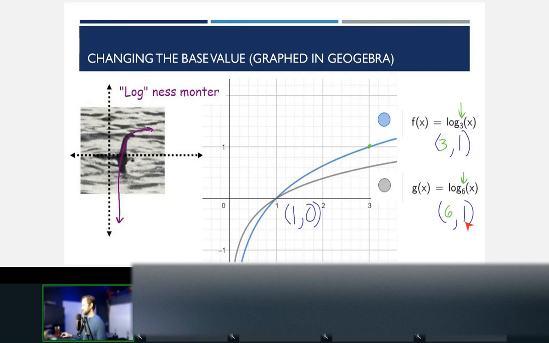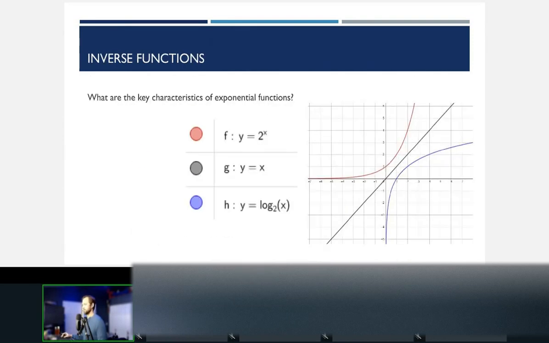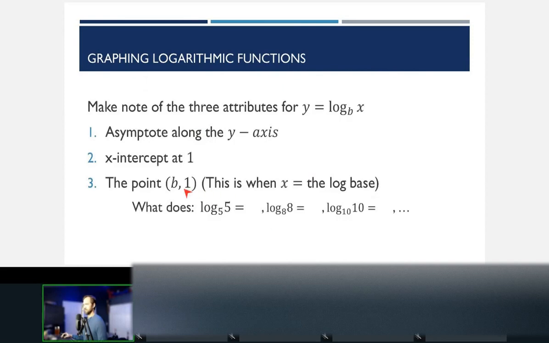Enzo is stating truths. Yep. All graphs cross at b comma 1, and I actually do have that in the guided notes. It's just in a few slides here. Let me go to it and show you. Yes. So b comma 1. This should say the asymptote is parallel along the y-axis.